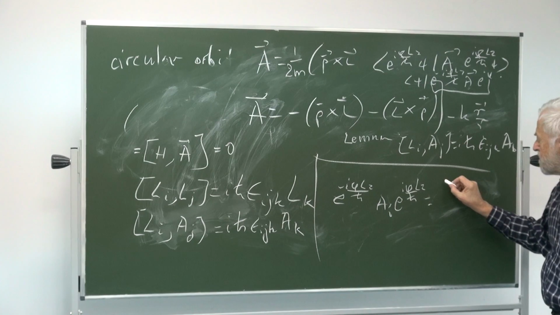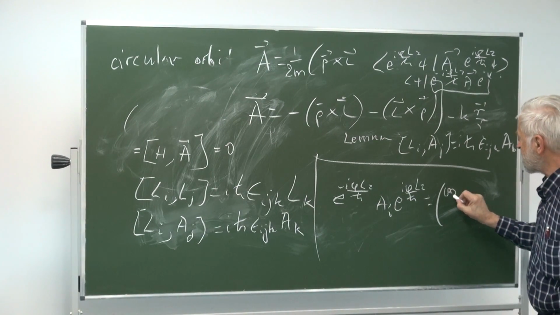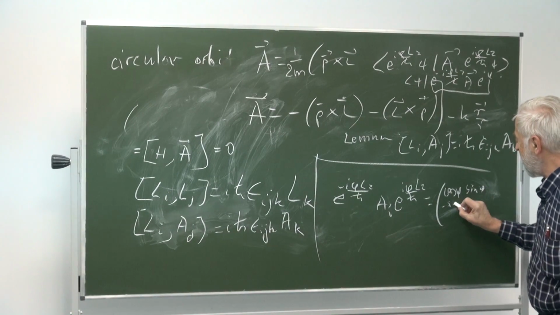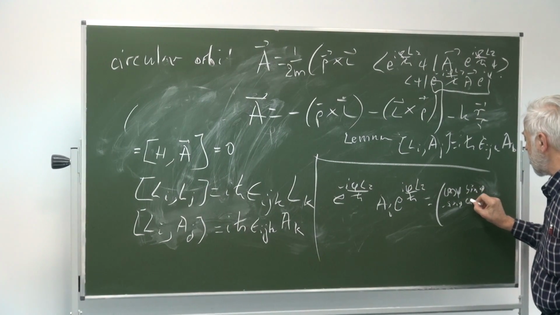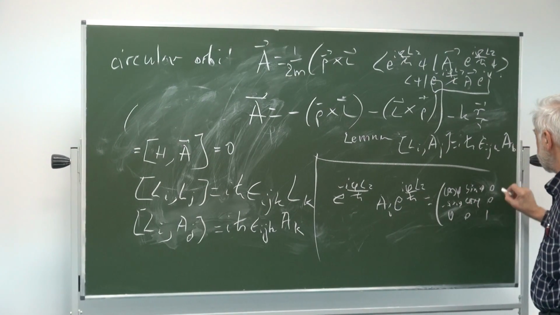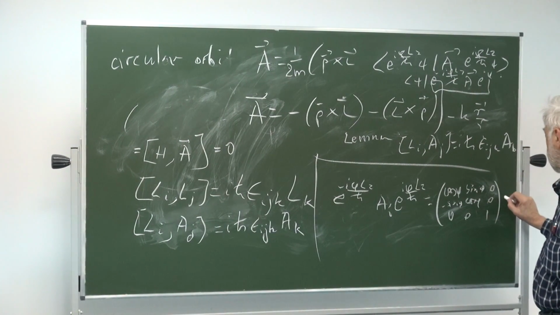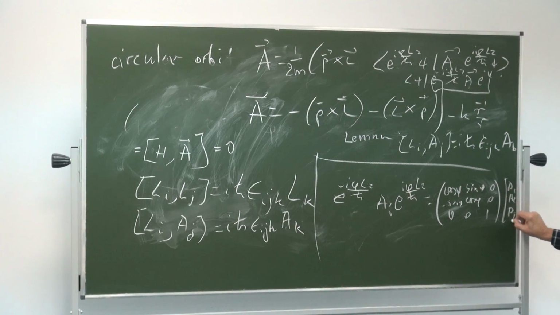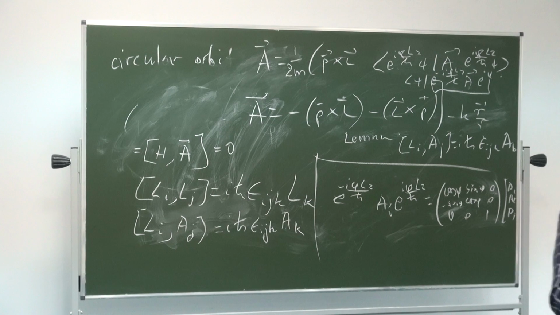So this is again my matrix: cosine phi, sine phi, 0; minus sine phi, cosine phi, 0; 0, 0, 1, acting on my vector A1, A2, A3. That's what rotation really means in three-dimensional space.